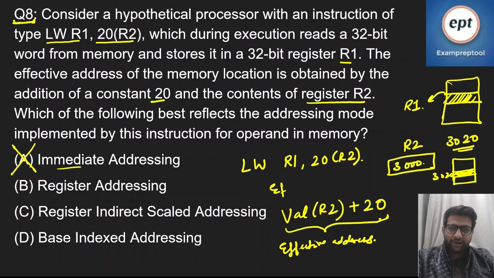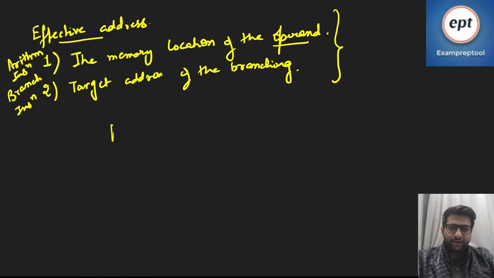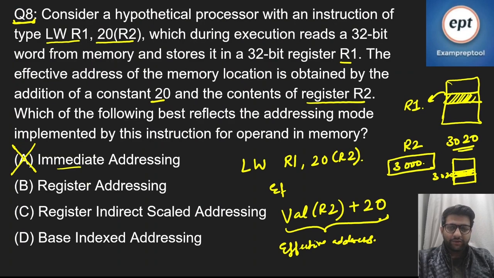Option B is register addressing. In register addressing, we do not add anything; we directly take the value from the register itself, as the operand is stored inside the register. So this is also wrong.